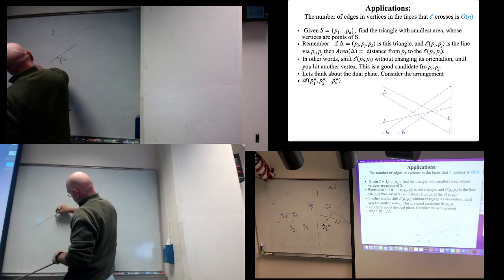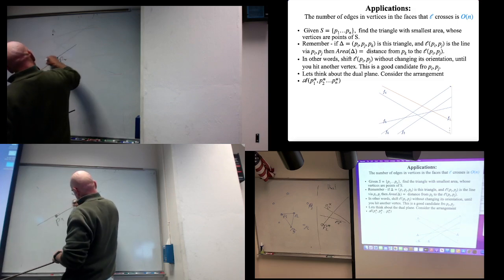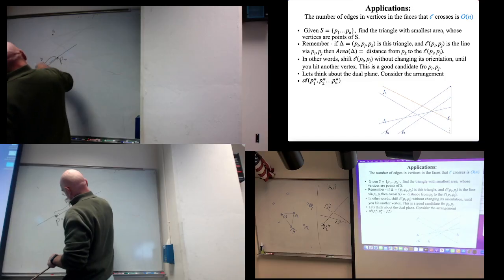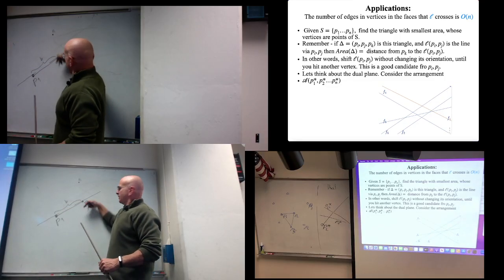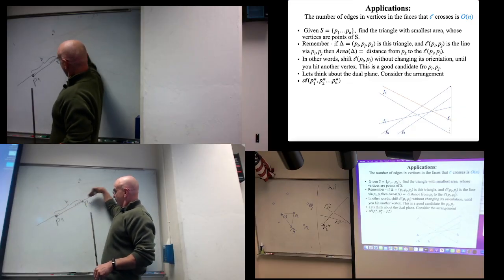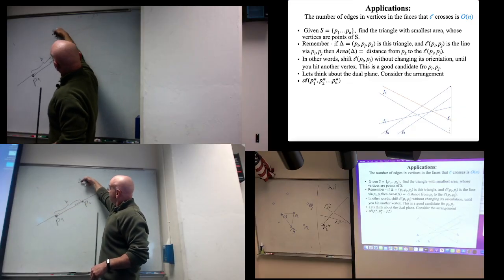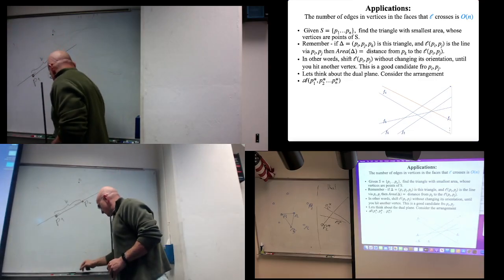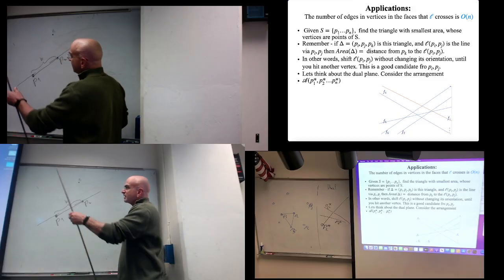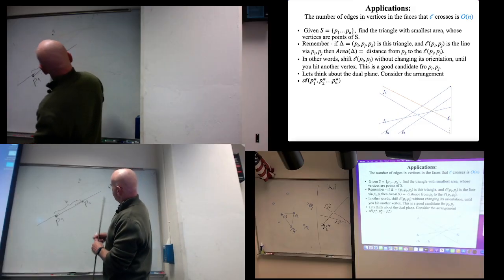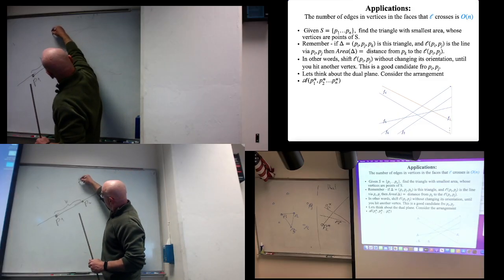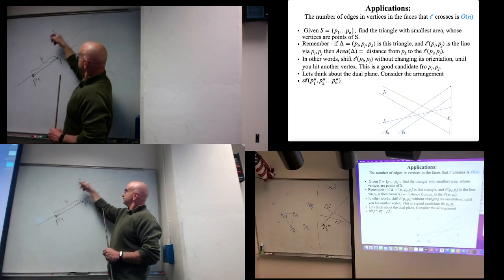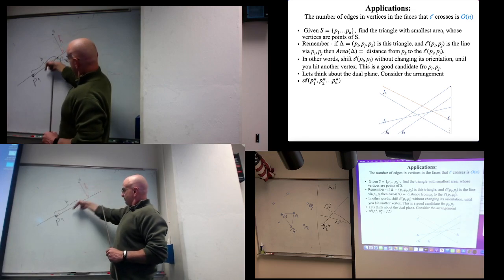So the area of this triangle will be the length of the base, call it B, times what? Draw a line through P1 and P2, and if Pj is a third vertex, then the area of this triangle would be, I forgot half over there, the base times the distance from Pj to the line that contains this edge.